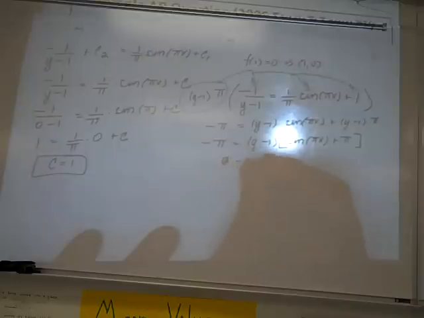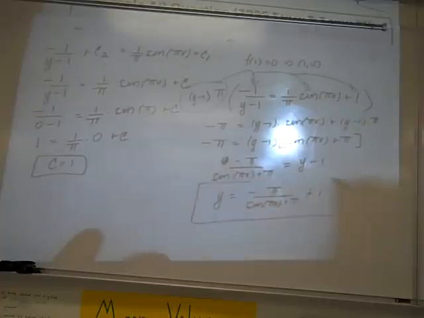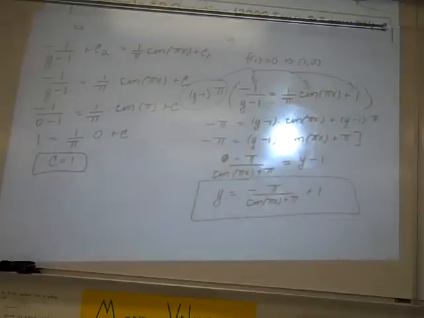So we're going to have negative pi over sine pi x plus pi equals y minus 1. So y is equal to negative pi over sine pi x plus pi plus 1. That is my final answer.